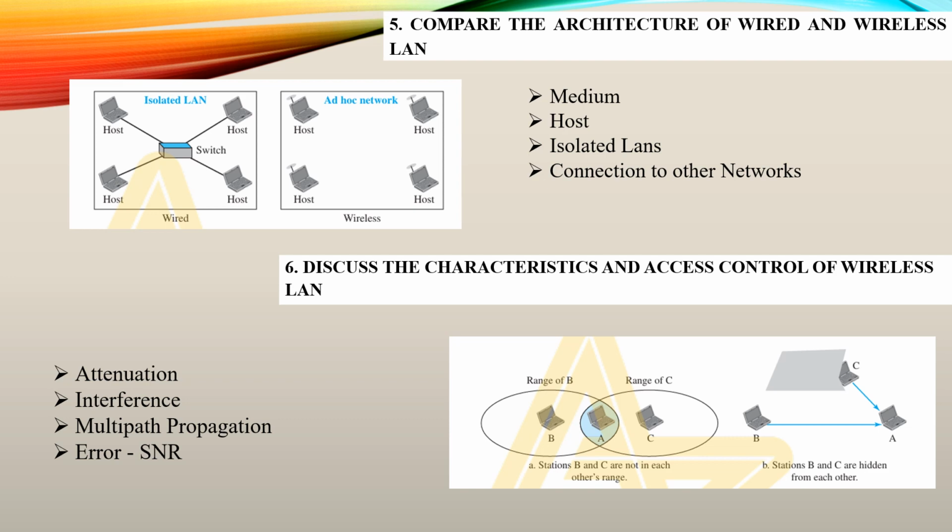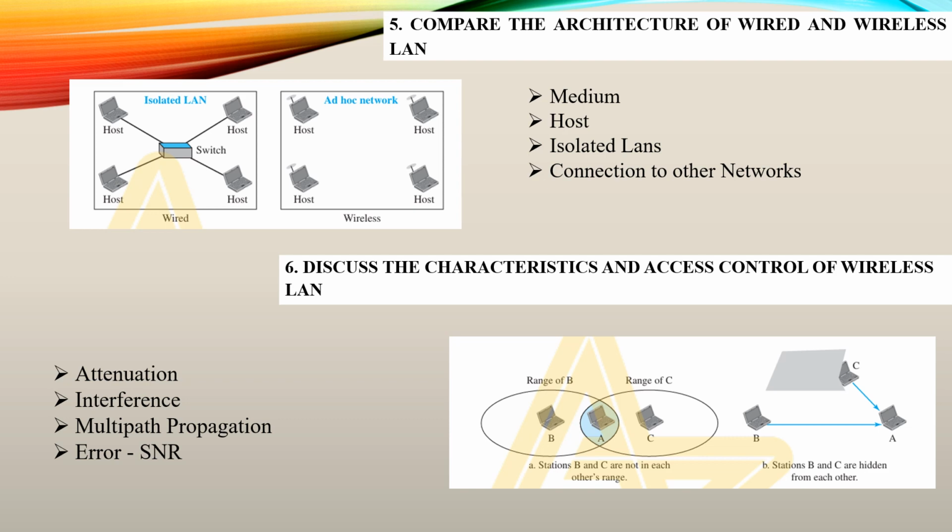Multipath propagation is nothing but it will take different paths. Being wireless, there is no dedicated path, it can take multiple paths for propagating the data. And error depends upon SNR, signal to noise ratio. When the signal is high, noise will be low. When the noise is high, signal will be less. That is the signal to noise ratio error.